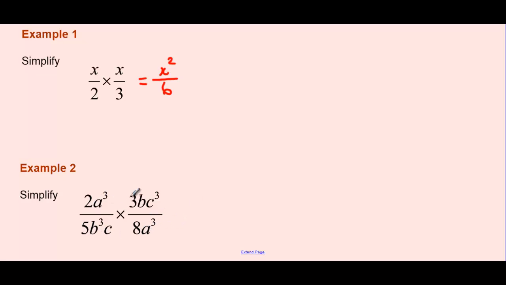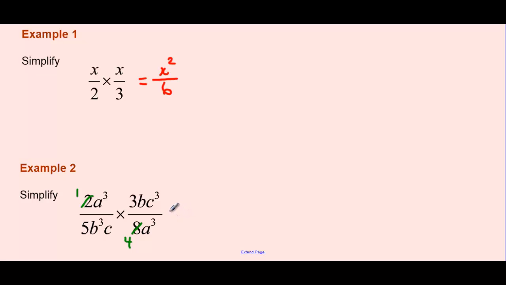So we have a 2, a 3, a 5, and an 8. Remember, any number that's in a numerator can reduce with any number in a denominator as long as everything is multiplying and dividing. So the 2 that's in front here can reduce with the 8 that's in the denominator there. Both of them can be divided by 2, so we're left with 1 and 4. The 3 and the 5 can't be reduced further, so there's nothing more we can reduce.